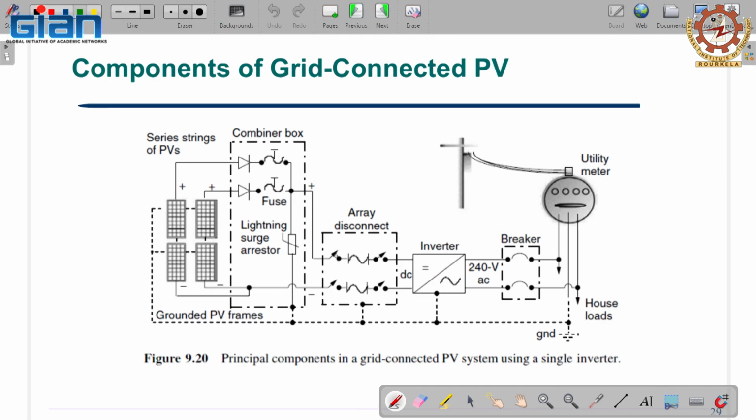Excess power can be fed into the grid through the net metering scheme. If the home needs more power, power can be drawn from the grid. So there is a concept of net metering. The meter can rotate in both directions depending upon the direction of power. So these are some of the components you will see in a grid connected PV system.